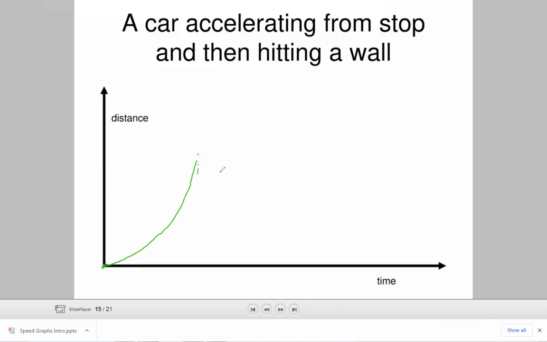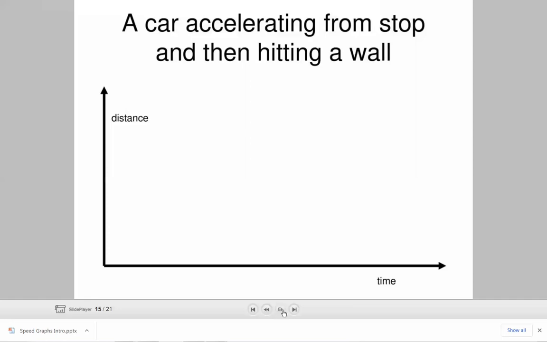As soon as it hits the wall, that means it would stop moving. It would stop covering more distance. And we know that when a car stops covering more distance, it is represented by a horizontal line on a distance time graph. So we would have a graph something like this. Let's have a clear picture of the graph.